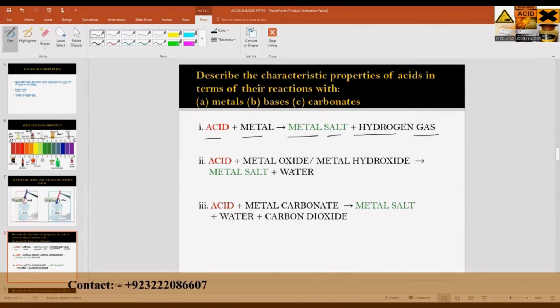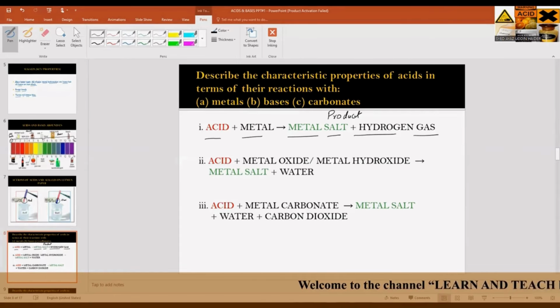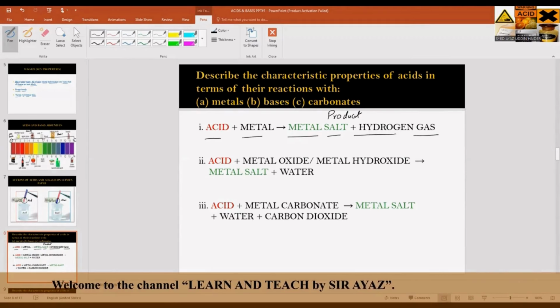And on the right hand side, that is the product side, I have used a green color for metal salt. Metal salt is one of the common products produced all the time whenever you react acid with metal, metal oxide, metal hydroxide, or metal carbonate.